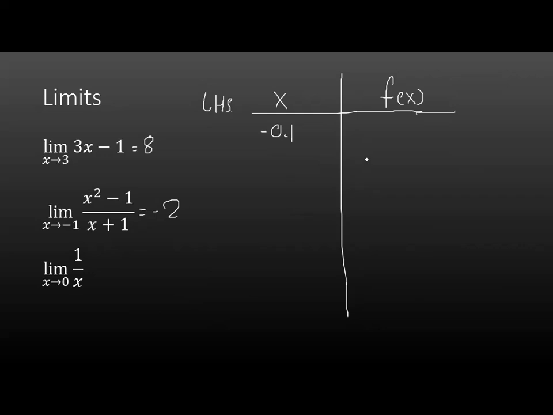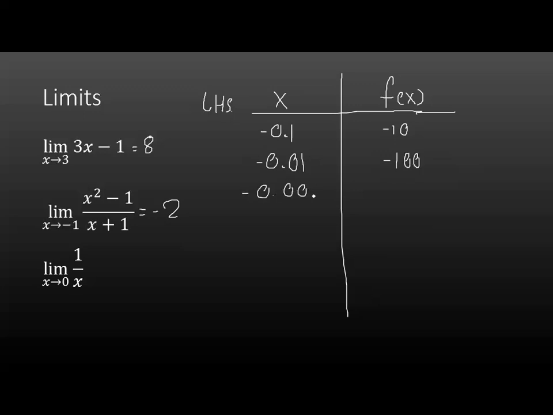So let's now substitute this one. Okay, 1 all over negative 0.1. So here we will have negative 10. Okay, I see the pattern here. So what if we get closer to 0? So we have negative 0.01, we will have negative 100.